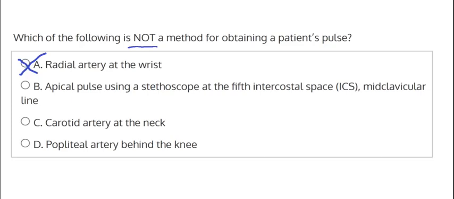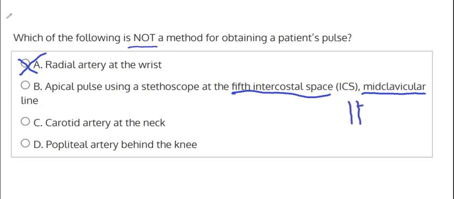Option B states apical pulse using a stethoscope at the fifth intercostal space, midclavicular line. And yes, that's correct. The intercostal spaces, those are the spaces that you feel between each rib. So it's talking about the fifth space at the midclavicular line. So that means that your clavicle is where your midclavicular line is.